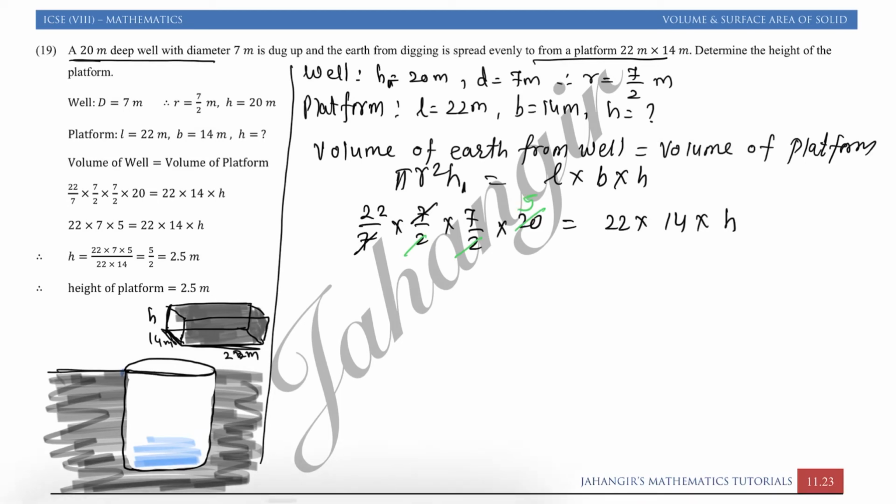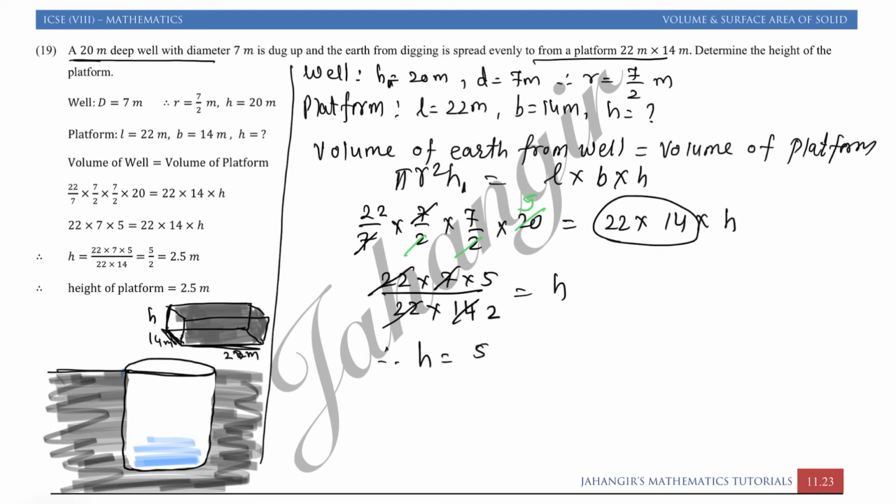So we write 22 into 7 into 5, shift it into the denominator, that is equal to h. We can even cancel out 22 and 22. So therefore h is equal to 5 by 2, that is 2.5 meters.